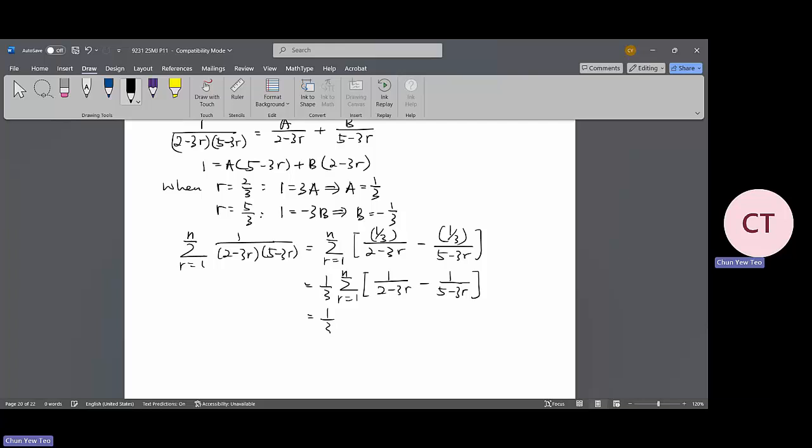So what you need to do is to show the values. If you put 1 inside, you will get -1 plus a half. Now if you put 2 inside, you will get -1/4, and this one you will get +1/4.